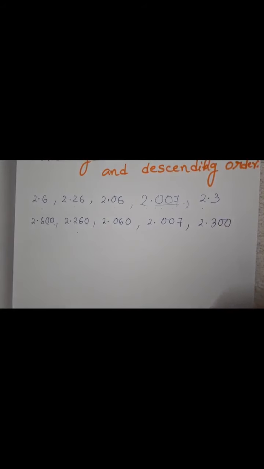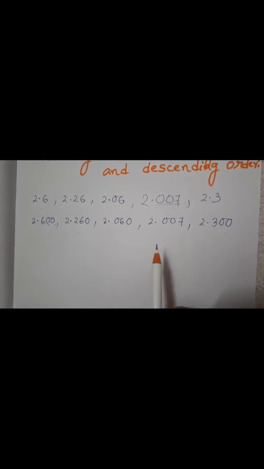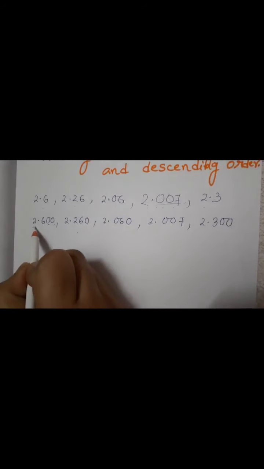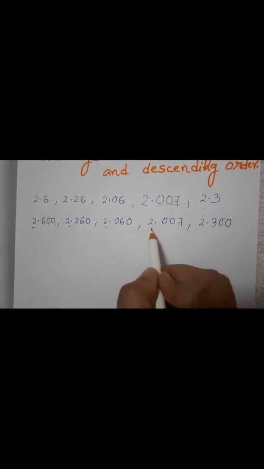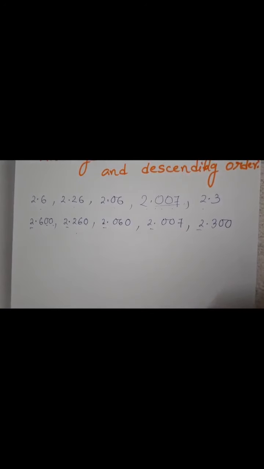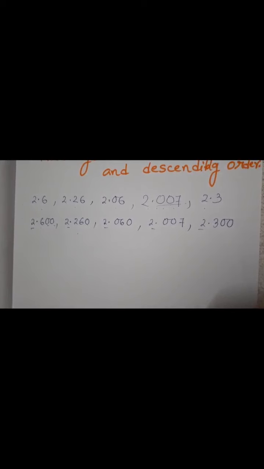Now next step, first we have converted all these into like decimals. Then in the next step you have to compare the whole numbers. But here you can see all whole numbers are the same. If the whole numbers are different, then from the whole number we can identify which one is greater and which one is smaller.